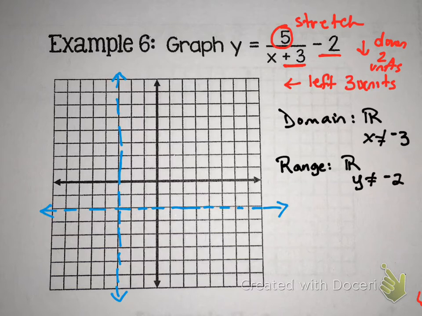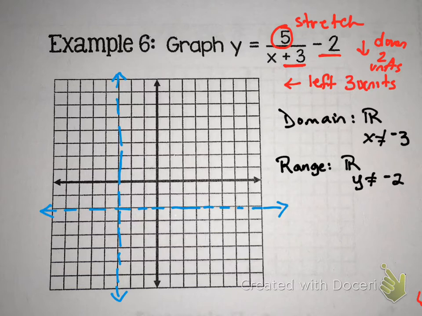I'm not necessarily looking for exact on this. I know it's a stretch, which really means that I have to be further away from this. If I put in a nice number, let's say -2 for x, then -2 plus 3 gives me 1.